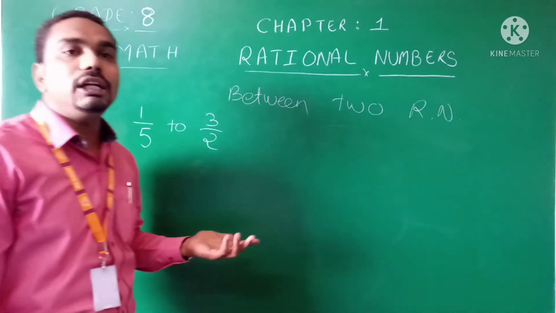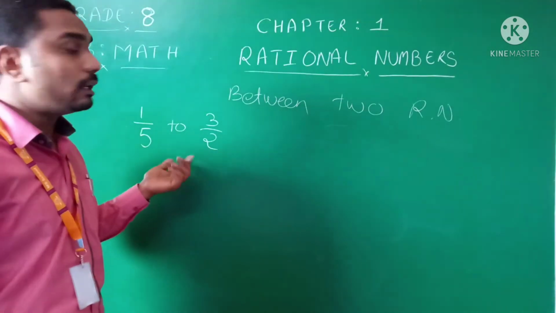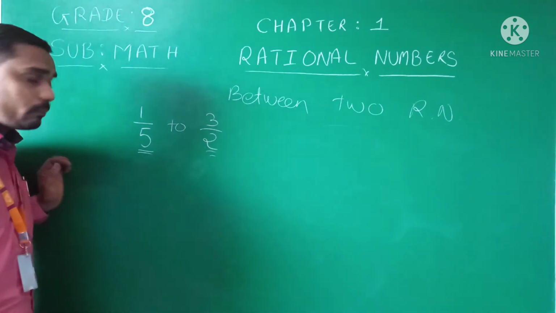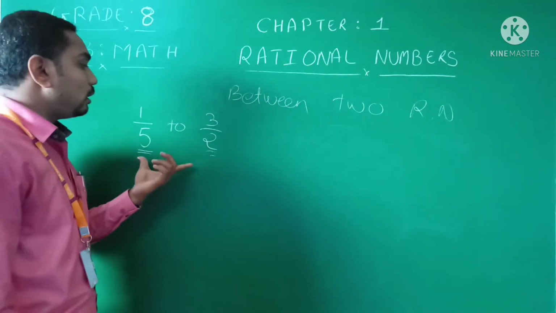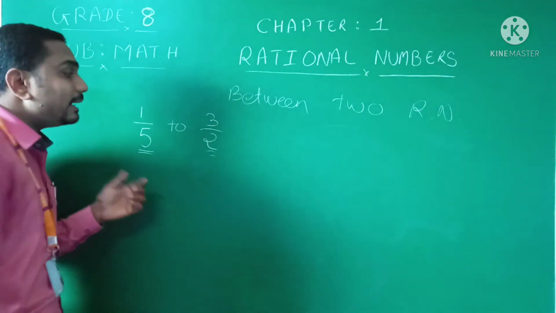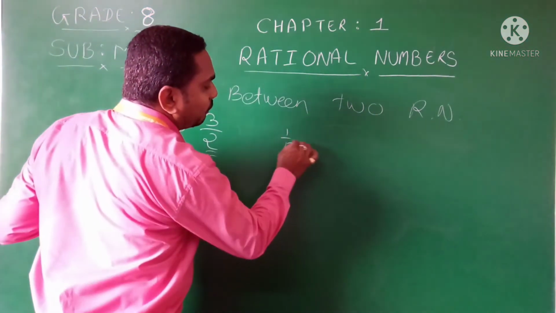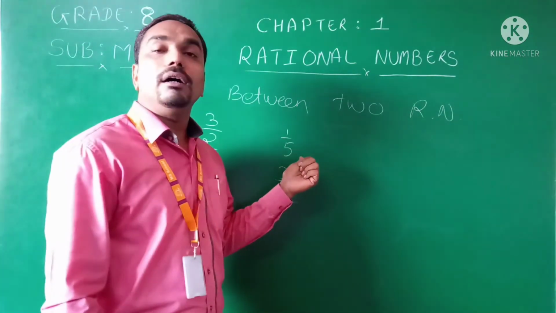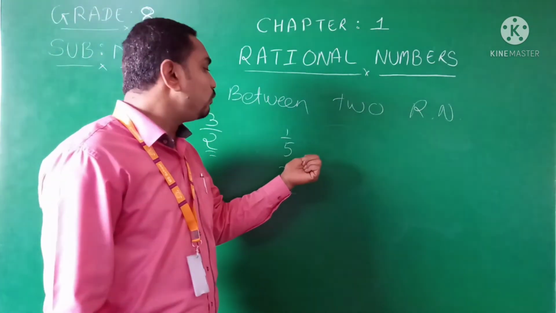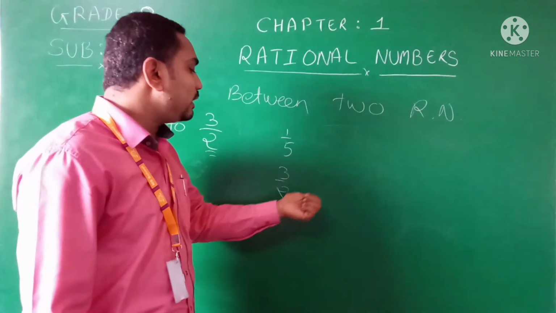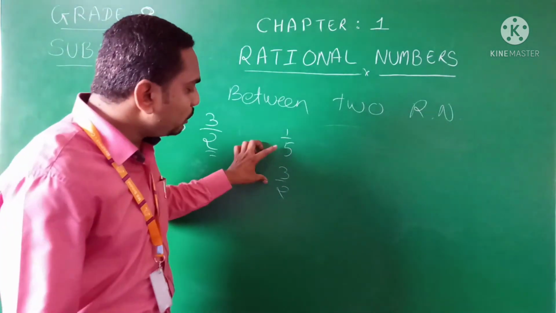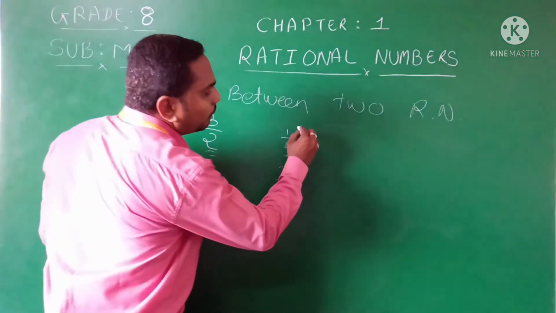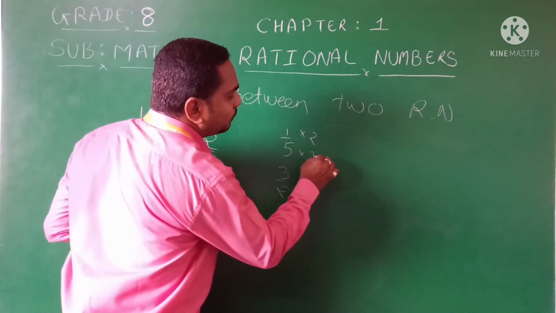To find the rational numbers in between two rational numbers, the condition is that the denominators should be the same. Here, how can we make the denominator the same? Let's take 1 upon 5 and 3 upon 2. If I multiply this number by 2, and this number by 5, the denominators can be the same: 5 2s are 10 and 2 5s are 10. So let's multiply by 2 for this number.